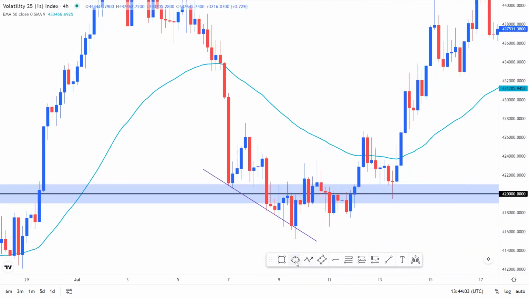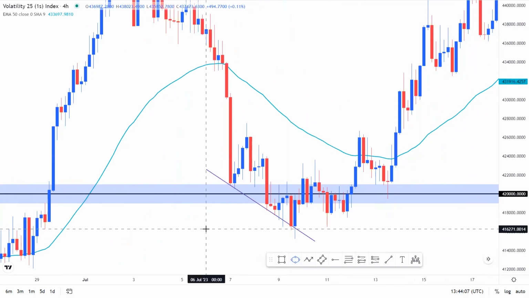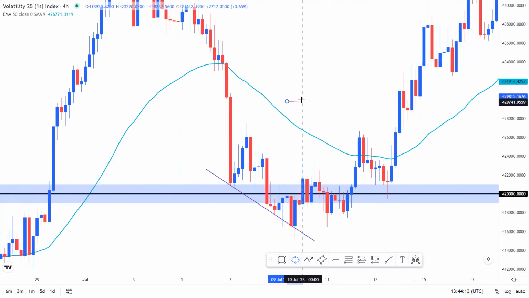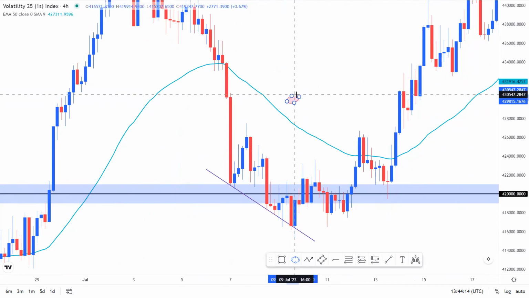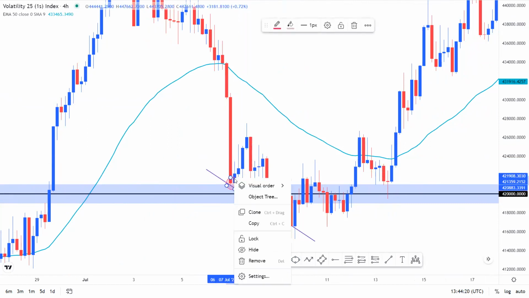Also, right at the level from the 4-hourly time frame, I identified more like a 4-hourly point of interest, just within our daily point of interest.